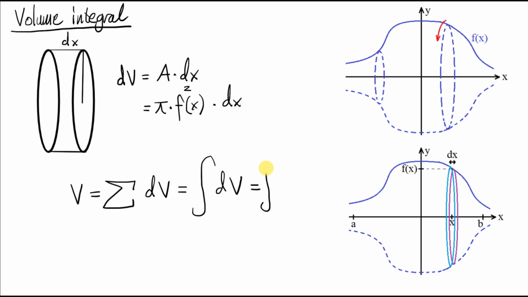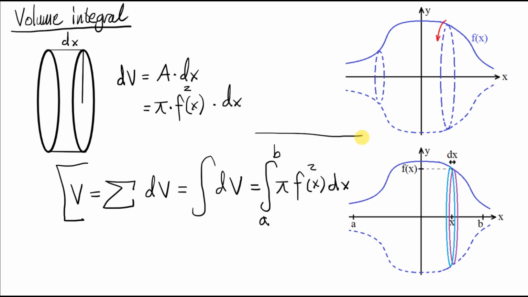And here we have to take the limits, that's all slices from a to b. So here we should take all x from a to b. So we arrive at the formula for calculating the volume of an object like this, and that's just this.